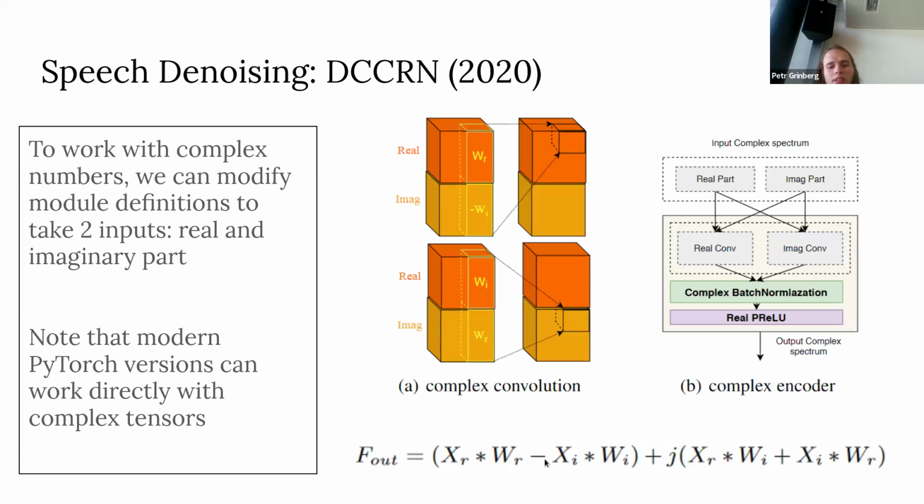We will subtract the imaginary part convolved with the imaginary filter, and it will be our new real part. And our new imaginary part will look like this, but the filters are swapped. So we will have the real input convolved with the imaginary filter and the imaginary input convolved with the real filter. So they have the same magnitude, but it is just one multiplied by imaginary, right? Like it's not like A and BI, it is like A and AI.